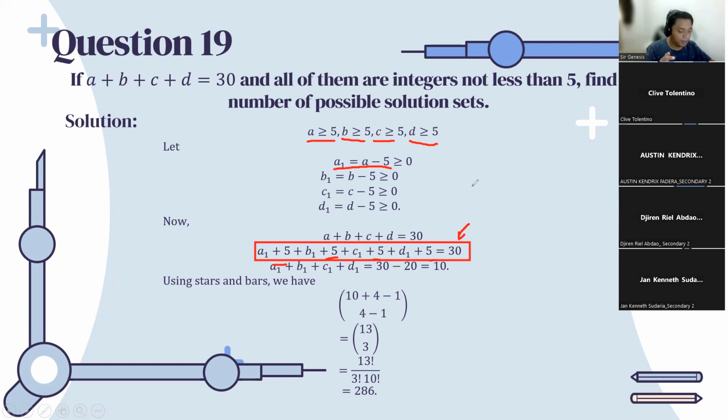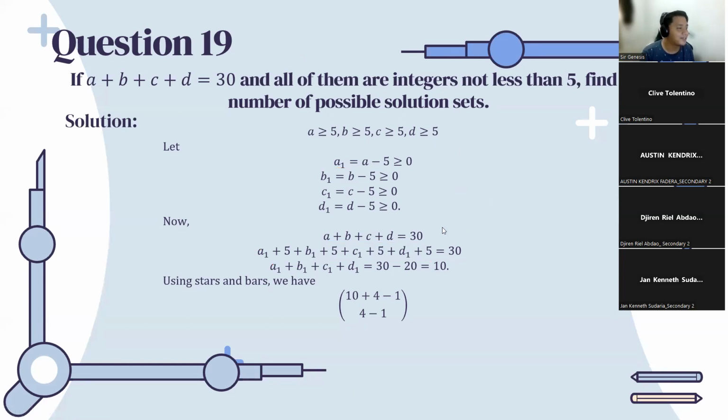Now, think of it this way. If you have, let's say, 30 objects and you want to distribute them, I'll just illustrate it. If you have A, B, wait, let me just get rid of the text so that I can illustrate it better.